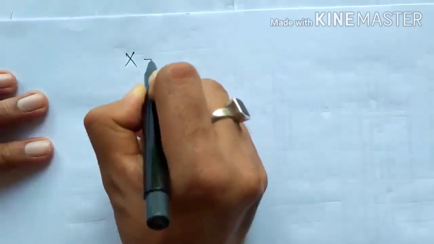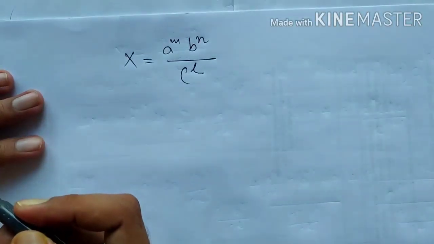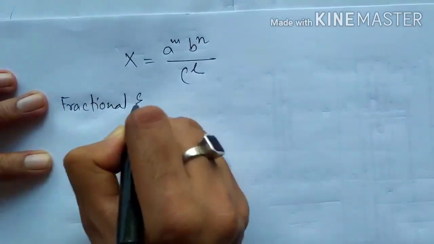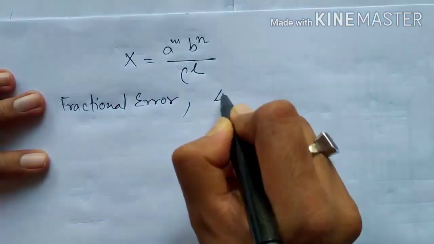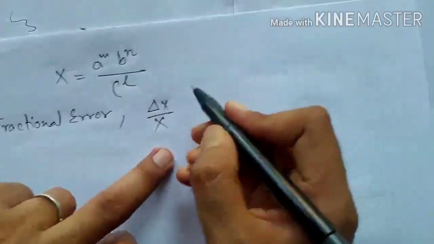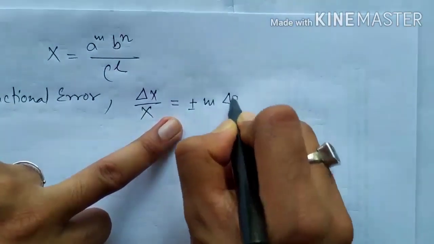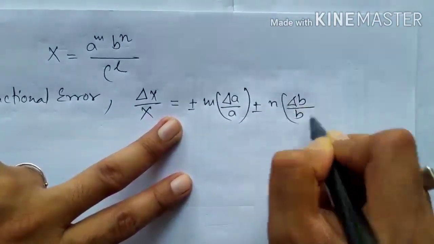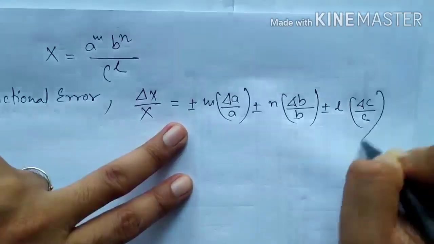So I am writing that if x is of the form a to the power m b to the power n by c to the power l, then the expression of fractional error or relative error will be represented by delta x by x, and that will be equal to plus minus m delta a by a plus minus n delta b by b plus minus l delta c by c.